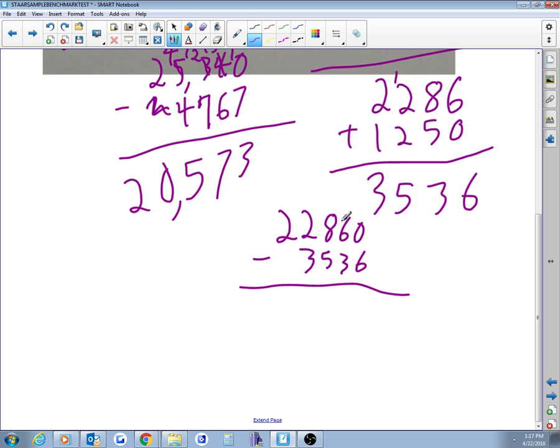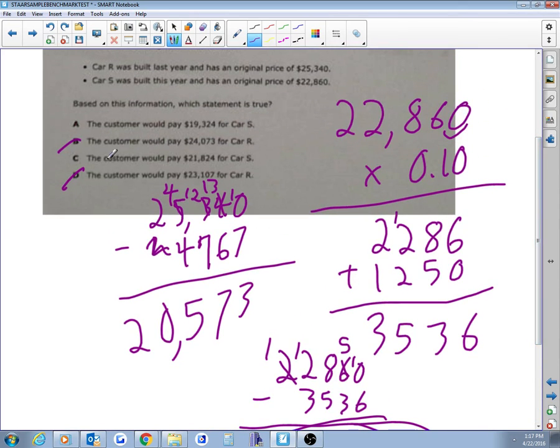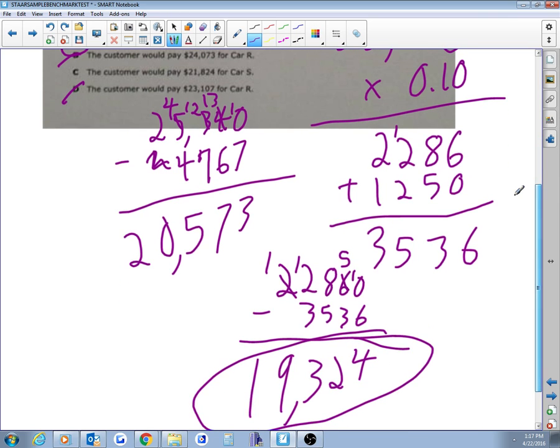The 6 becomes a 5, this becomes 10, 10 minus 6 is 4, 5 minus 3 is 2, 8 minus 5 is 3, this becomes a 1, this becomes 12, 12 minus 3 is 9, and then 1. So there's the price after the discounts for car S, $19,324.